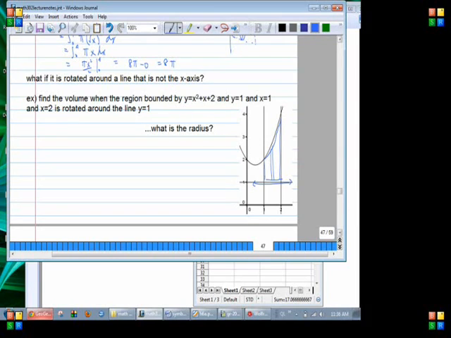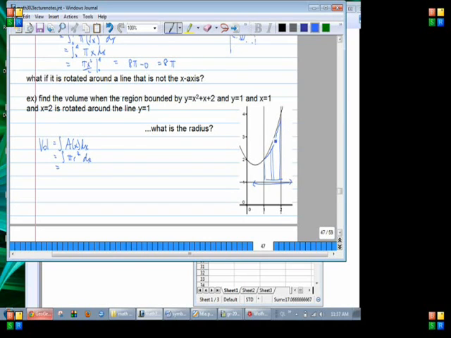Okay? So the volume is still going to be the integral of area dx, and the area is still going to be pi r squared. But the question is, what's the radius? Radius should be that minus 1. Does that make sense? The radius is not just the value of the function.